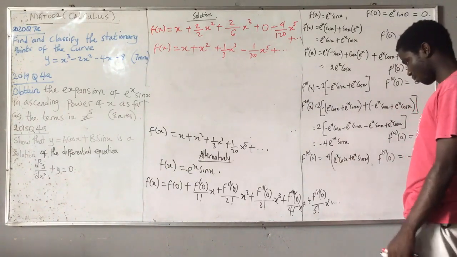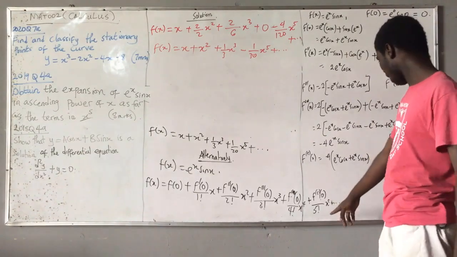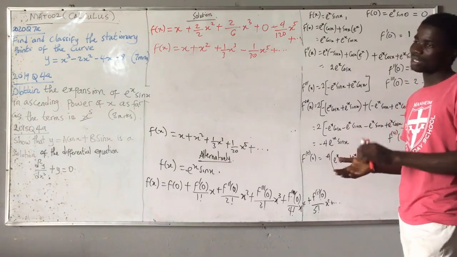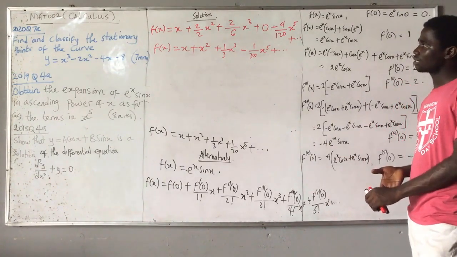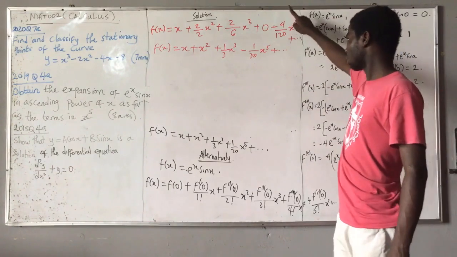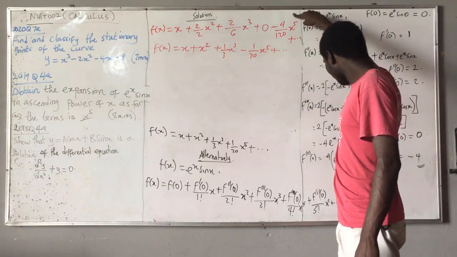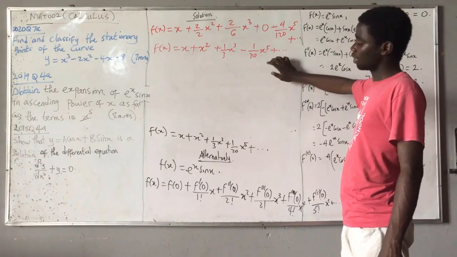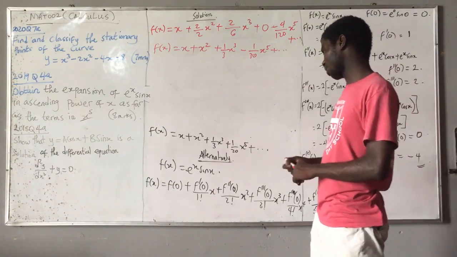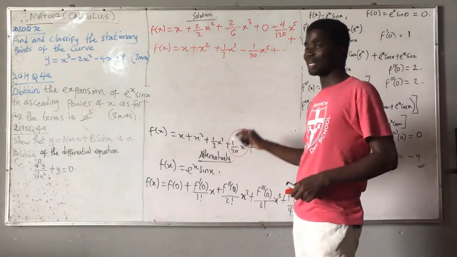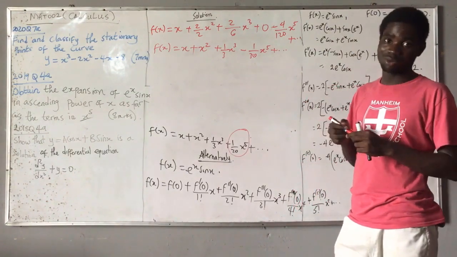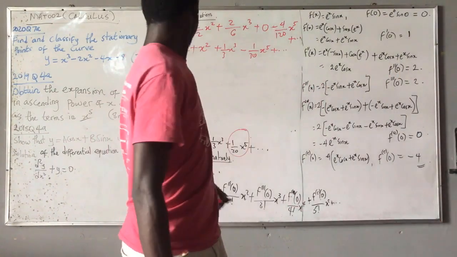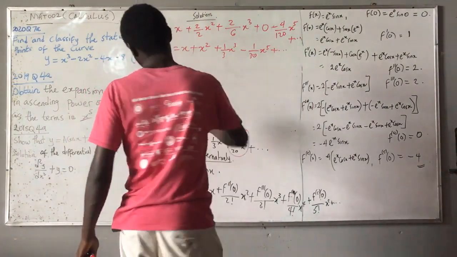The answer is minus 4. Minus 4 over 5 factorial. 5 factorial is 120. 4 divided by 120 is 30. Minus 1 over 30. So I suppose there is a problem here. Maybe I did not expand it. I did not expand that other one way, and I don't want to go back. So I think it remains one more question to solve here.